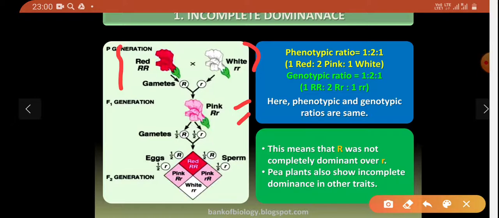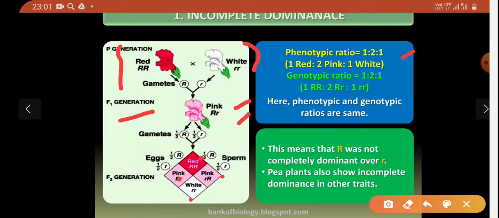When this F1 generation is self crossed, then one red, two pink, and one white plant are obtained. This shows that the phenotypic ratio is 1 red, 2 pink, and 1 white, and the genotypic ratio is 1:2:1. Here the phenotypic and genotypic ratios are the same.